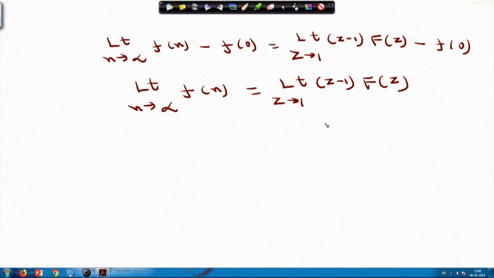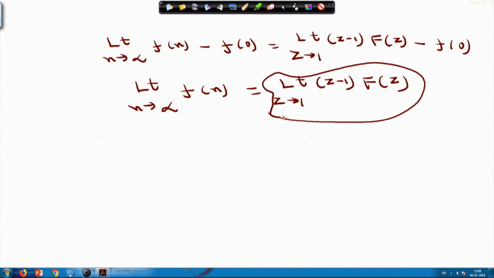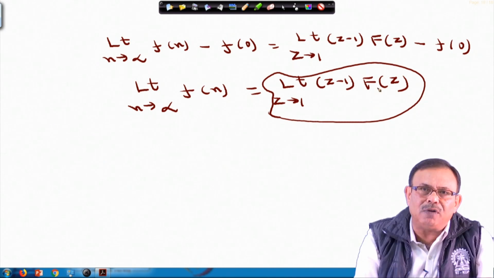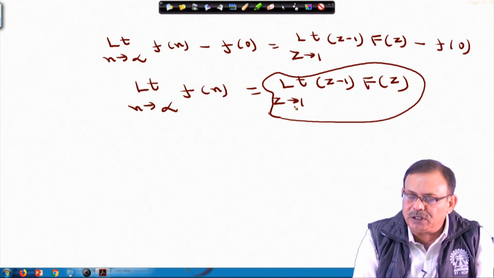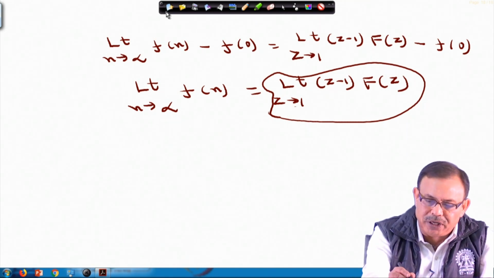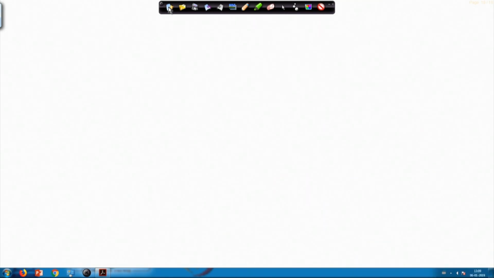This completes the proof. Now, one can ask why this value, limit z approaches 1 z minus 1 into f z, is not 0. Let me give one or two counter examples from where it will be clear that depending upon the value of capital F z, this value may not be 0. Say your f z is 1 by z minus 1.